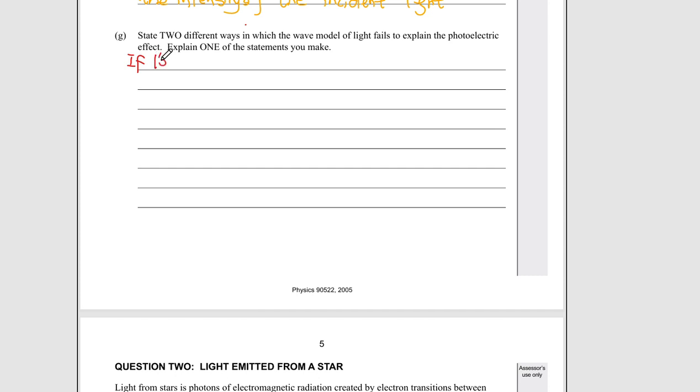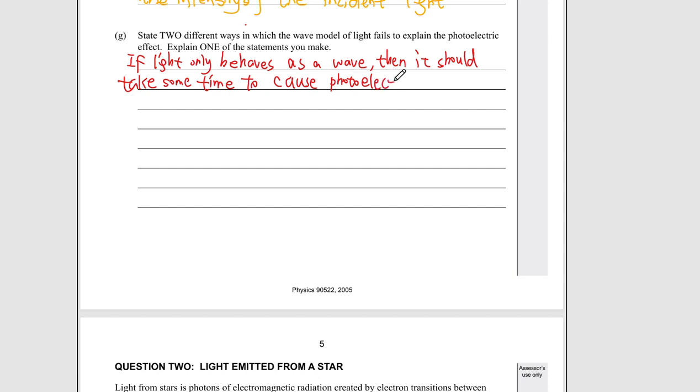If light only behaves as a wave, then it should take some time to cause the photoelectric effect.